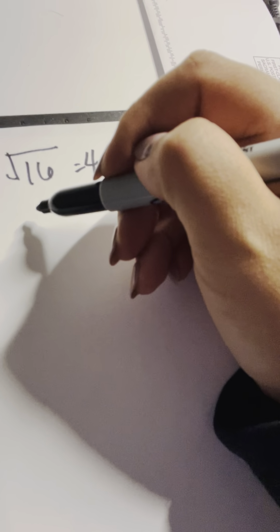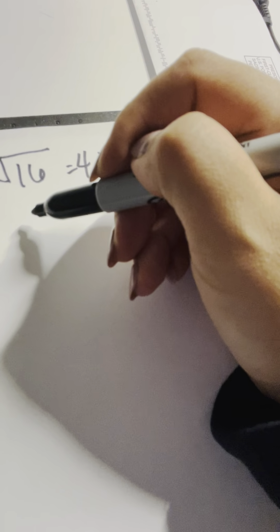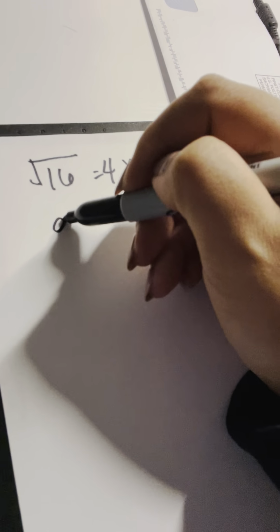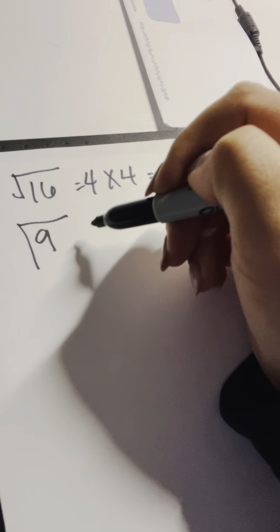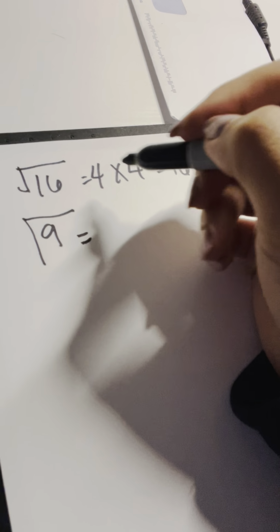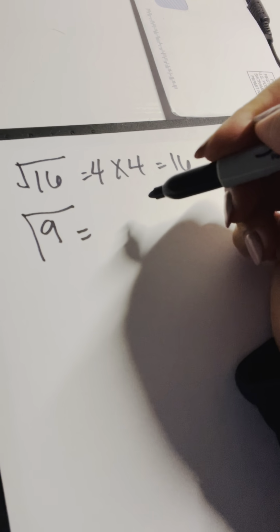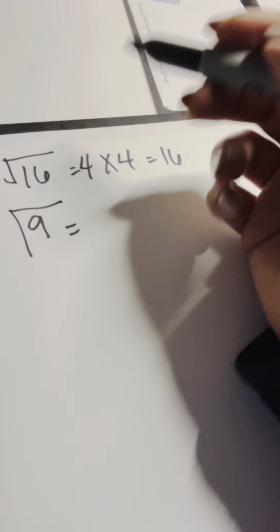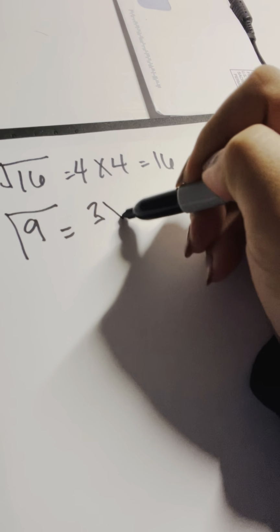And what else? Square root of 9. The perfect number that you can multiply that would come up with this sum is a 3. So 3 times 3 equals 9.